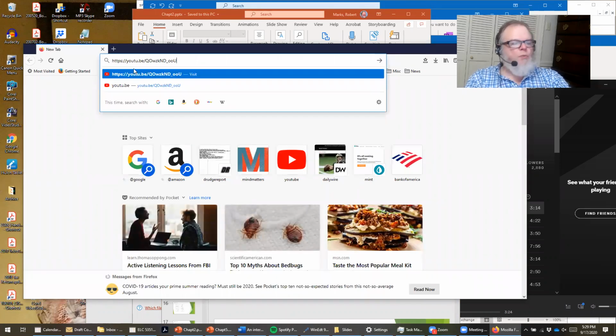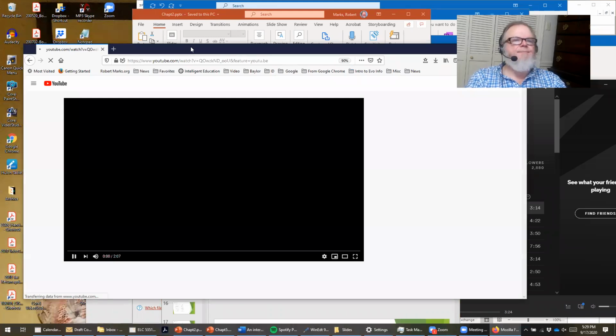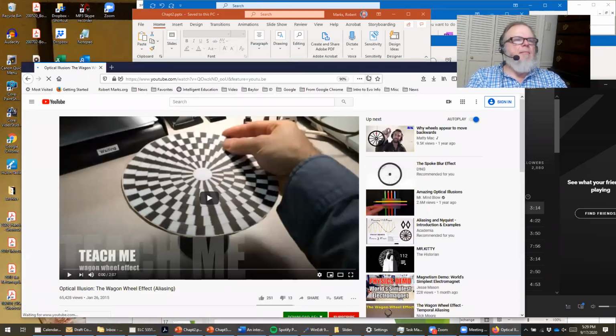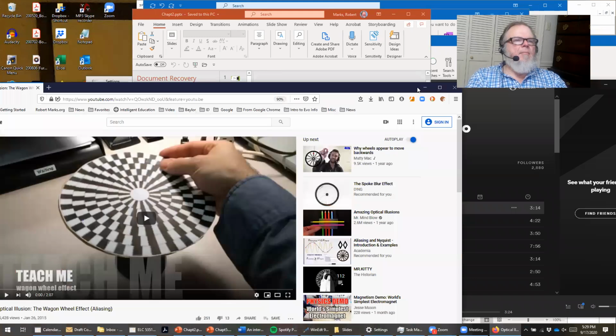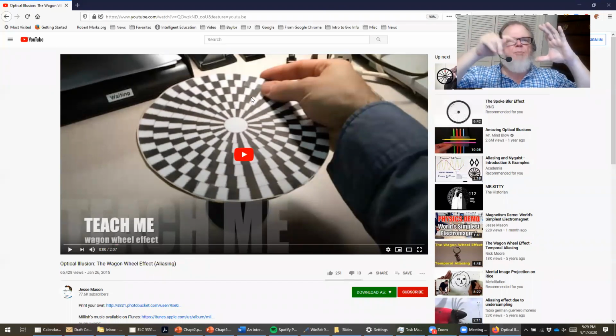This is a demonstration on Firefox of something called the wagon wheel aliasing. Many of you are probably too young to remember old Westerns where there was a stagecoach with a big wheel and spokes in the wheel. And as the stagecoach started to go away, it looks like the wheel was literally turning backwards. That's the reason they call this the wagon wheel effect.